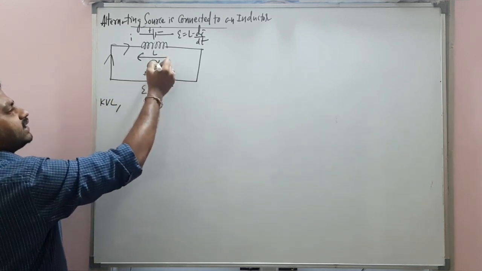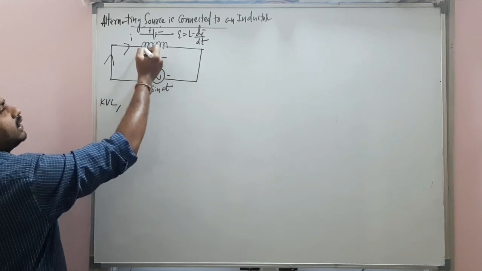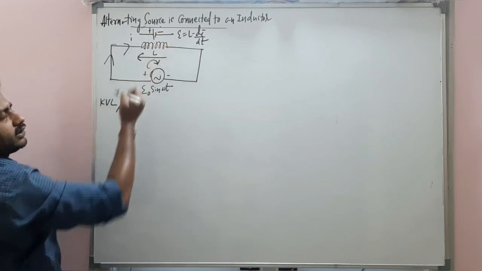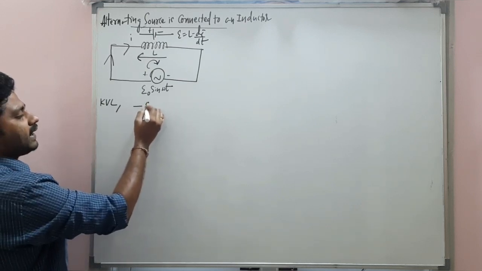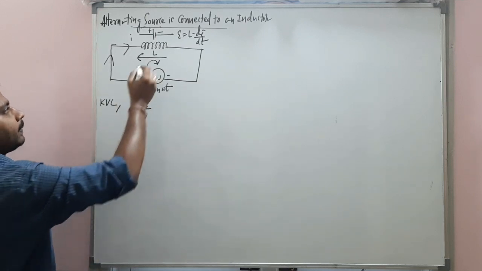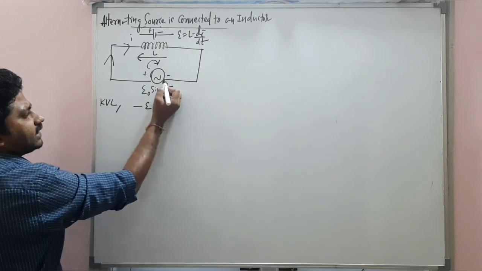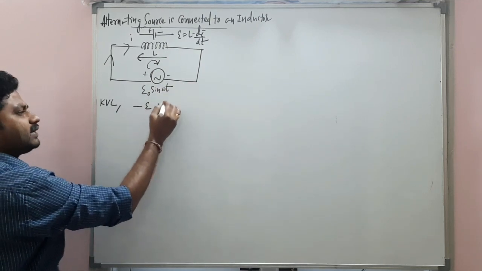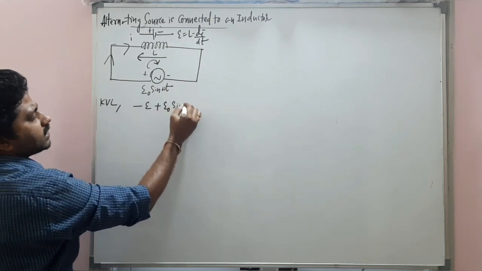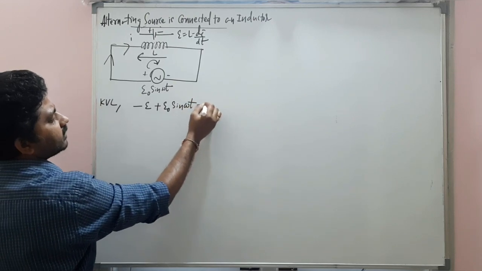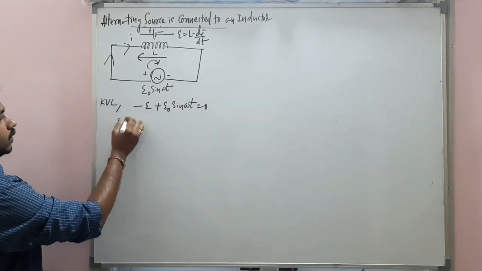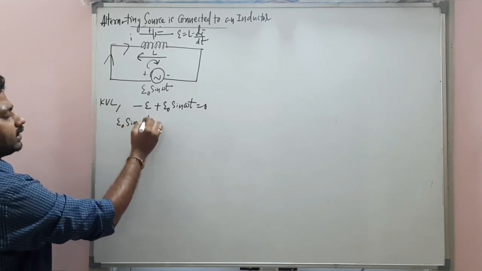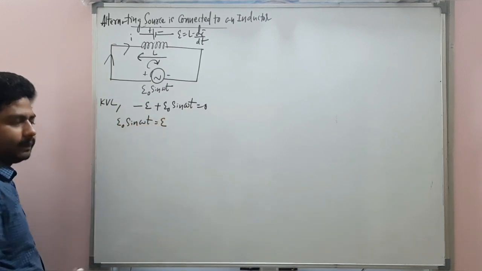My loop direction is this one, and I am touching the positive terminal, that means it's minus induced EMF, and moving like this and touching the negative terminal here, so that will be plus E naught sine omega t, which is equal to 0. No confusions. So E naught sine omega t is equal to E.